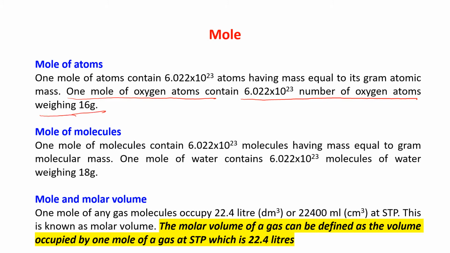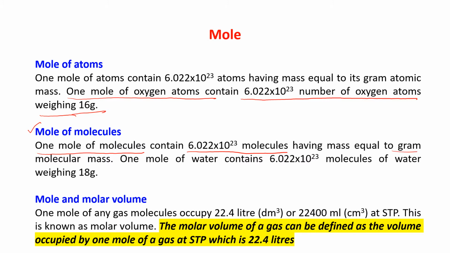Am I clear? Similarly, mole of molecules: 1 mole of molecules contains 6.022 into 10 to the power 23 molecules and has a mass equal to its gram molecular mass.